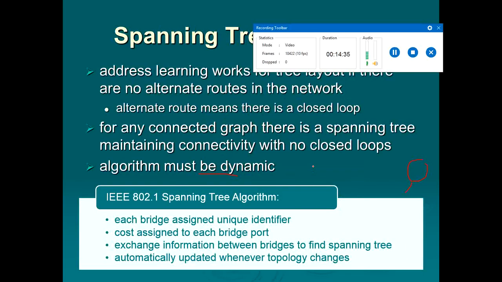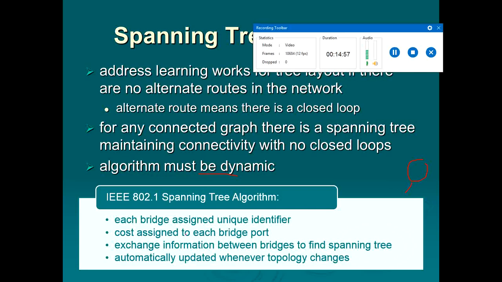Dynamic means when a topology change occurs, the bridge must be able to discover this fact automatically and should be able to construct a new spanning tree. This is what we mean by the algorithm being dynamic.